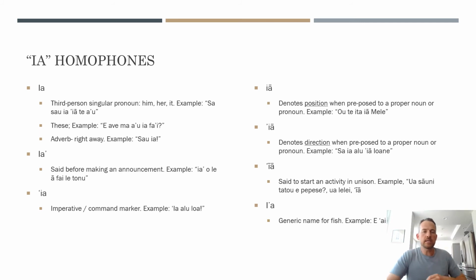All right, the next version of ia is differentiated by a glottal stop that comes right after the letter A, which is not usual. Normally you see glottal stops preceding a vowel. Here we're basically just stopping the A sound short, so it sounds a little abrupt.